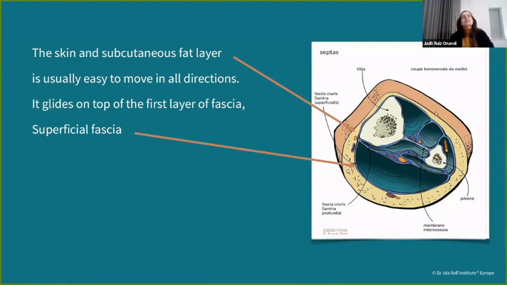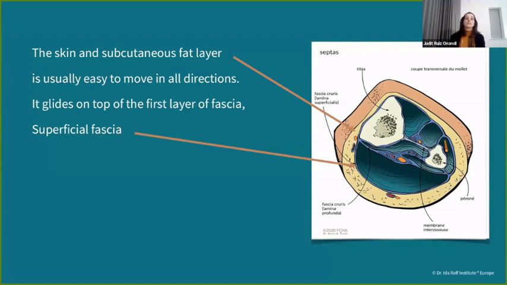And yes, it's very complicated to explain the quality of touch over the internet, but we are going to try and do something. So here you have basically the same image that I showed you before, but this is the image of the lower leg. And you can see the skin and the subcutaneous fat layer, which is the yellow part, that can be easily moved in all directions.